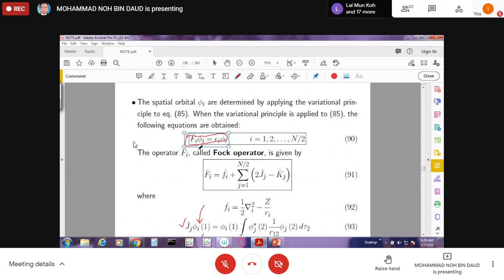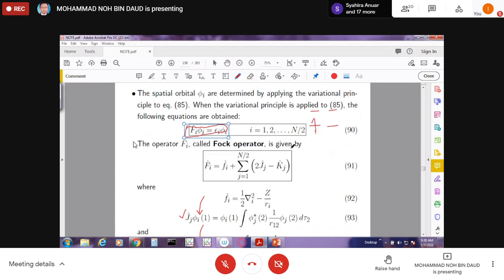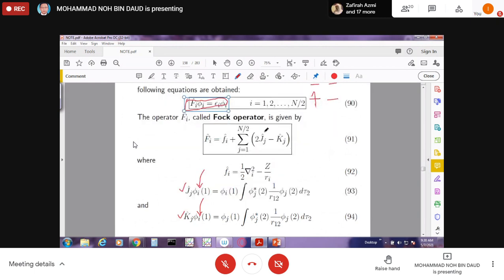This is a one-electron differential equation, not a multi-electron differential equation, to find the orbital energy for each of these spin orbitals, for one individual electron. So we need to guess this in order to know this one and to know this one.